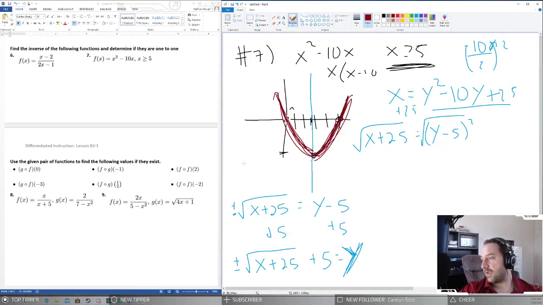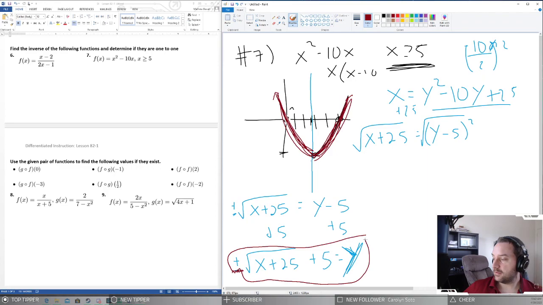Now, algebraically speaking, when we solved for it, we had that plus or minus. Well, because of that domain restriction, we have to get rid of that plus or minus. It's only the plus. So your answer is that, without the minus.